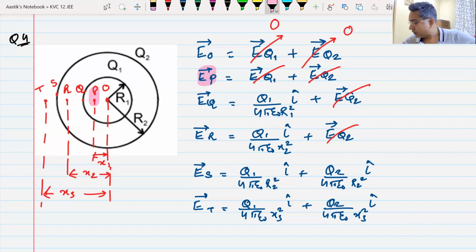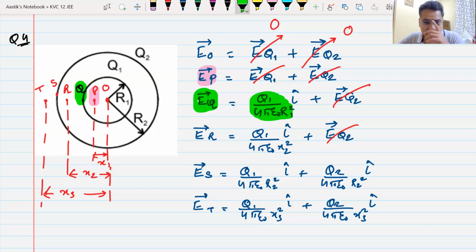Yes, sir. Point Q is on the surface of one shell. The electric field due to that sphere is Q1 by 4 pi epsilon naught R1 square. But for the other shell, it is still inside the shell, so the electric field is zero. Point R is in between the two shells.